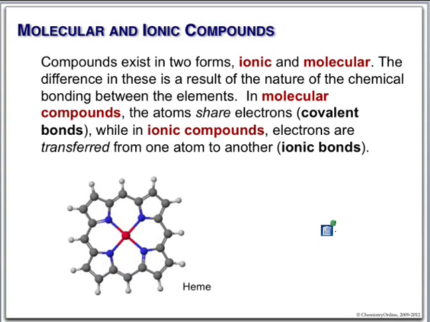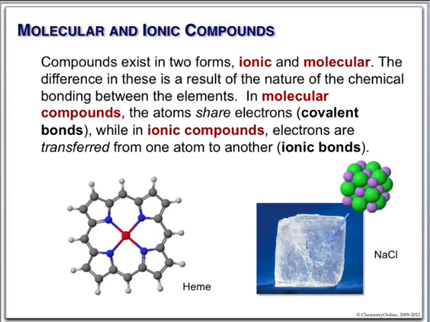All right, let's go back to our molecular and ionic compounds. And let's look at a very simple dilemma. We know that in ionic compounds, we are going to transfer electrons. Sodium will give up 1 electron. Chlorine will accept it. We'll have a positive sodium sitting next to a negative chlorine. That's ionic.